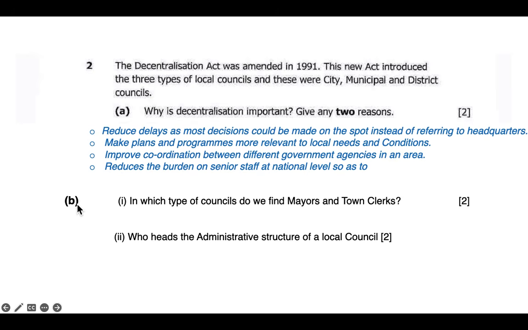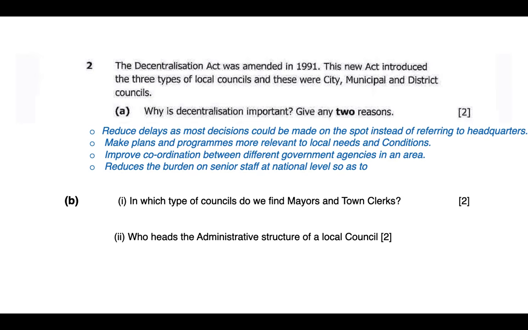And then we look into question B. B1, in which type of councils do we find mayors and town clerks? In a city or municipal council, that's where we find mayors and also town clerks.